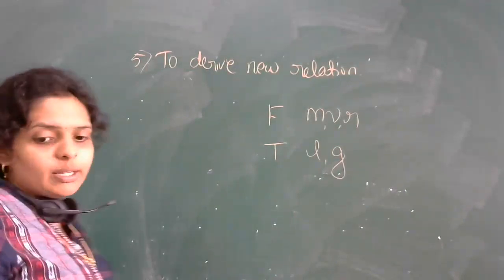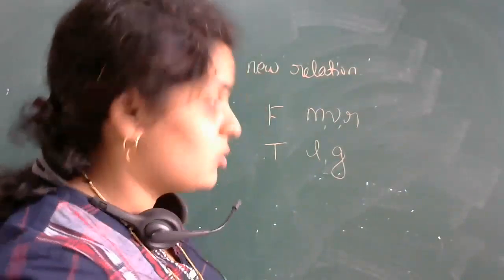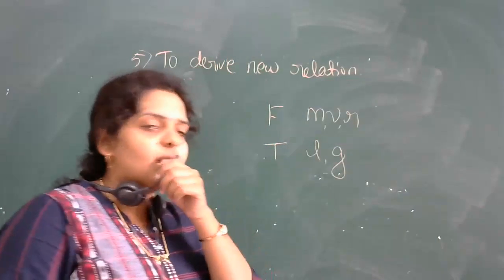The time period of a simple pendulum depends on length and acceleration due to gravity. Derive this by using the dimension analysis method. You can derive that relation also by using dimension analysis.